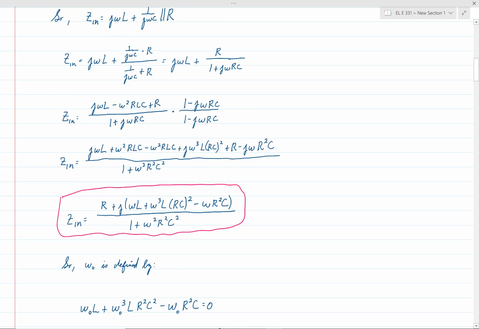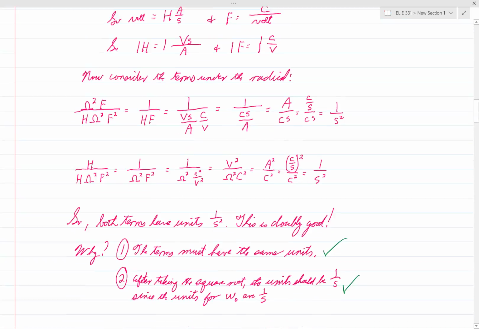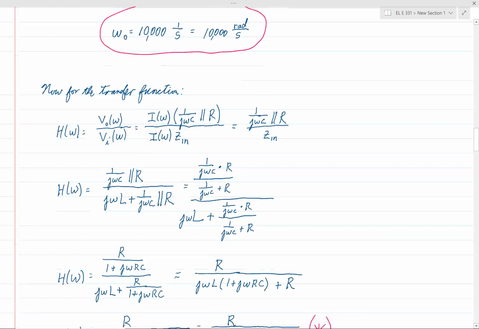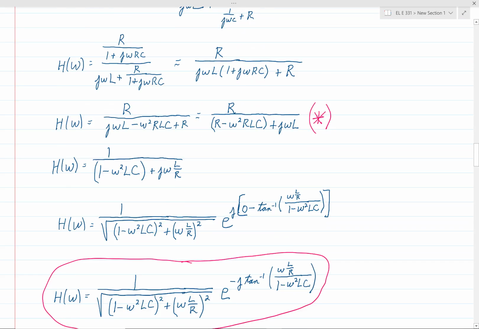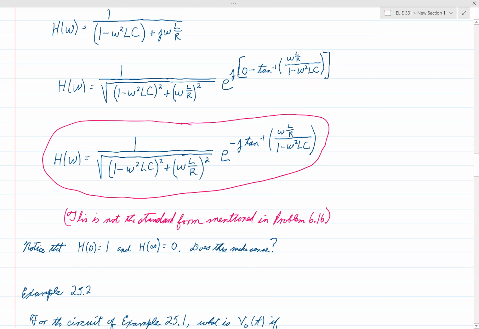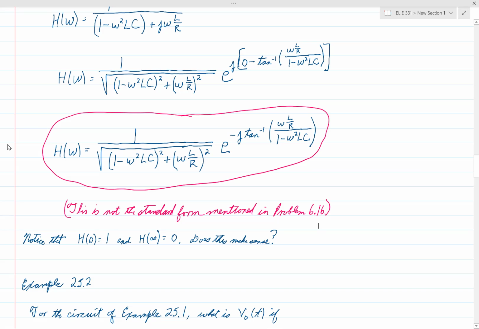So sure enough, it does make sense that H of 0 is 1, and H of infinity is 0. That does make sense looking at the circuit.